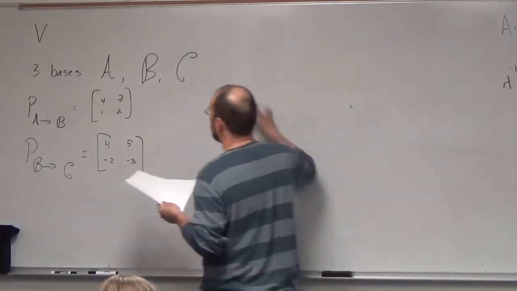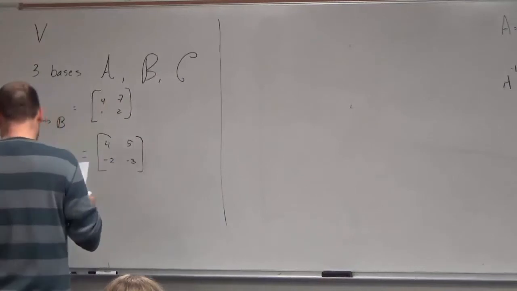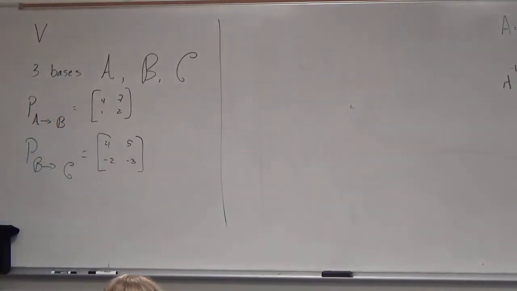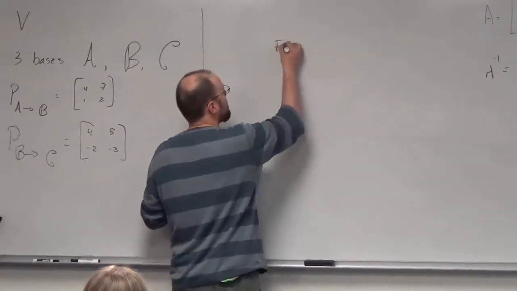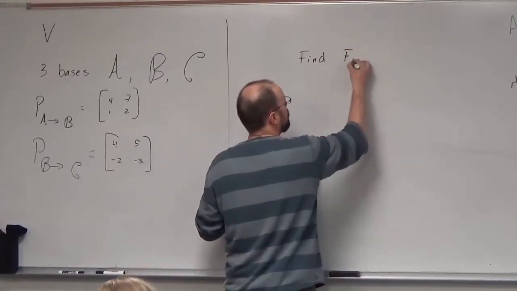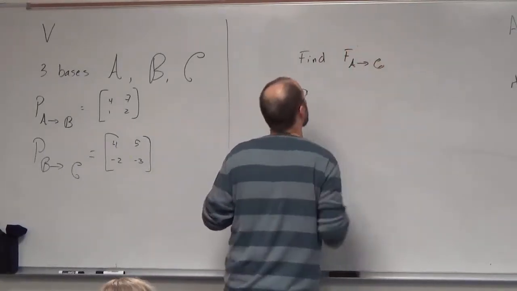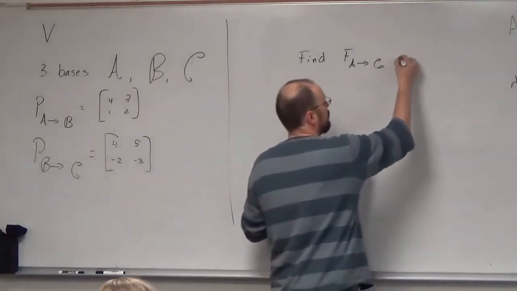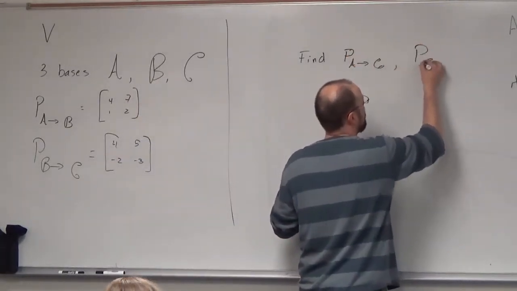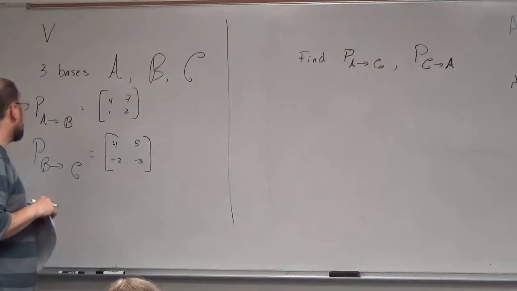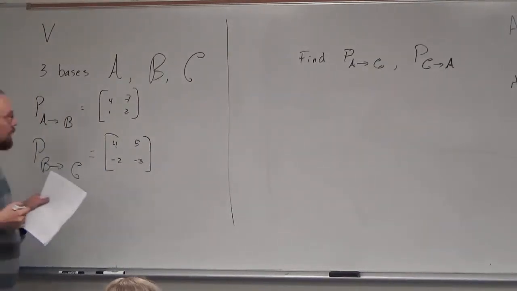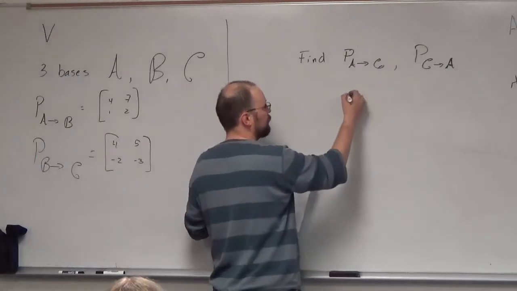All right. And what do we want to do with this? Find a transition matrix from A to C, and maybe also find a transition matrix from C to A. Well, what would this ultimately do?